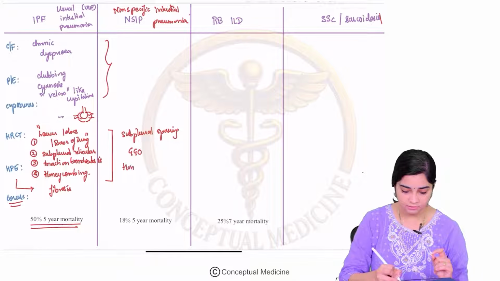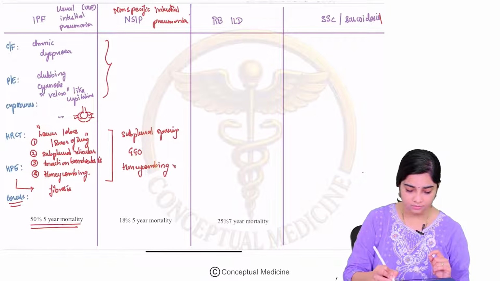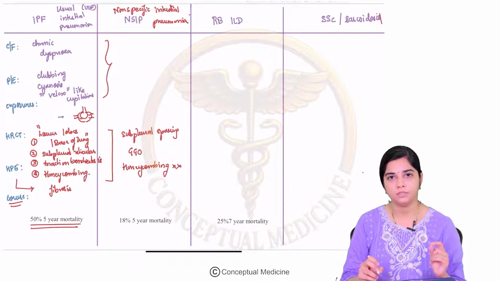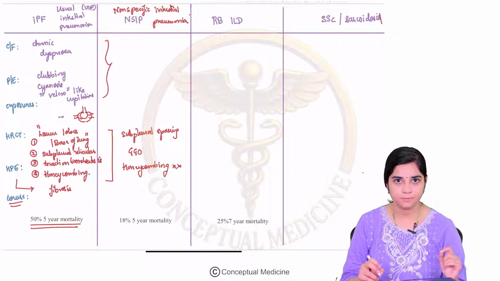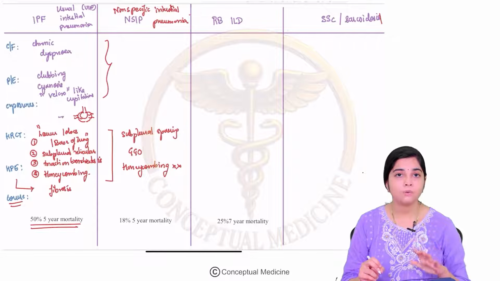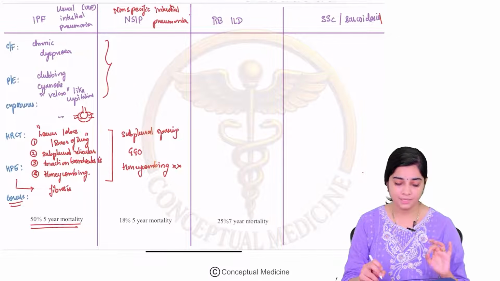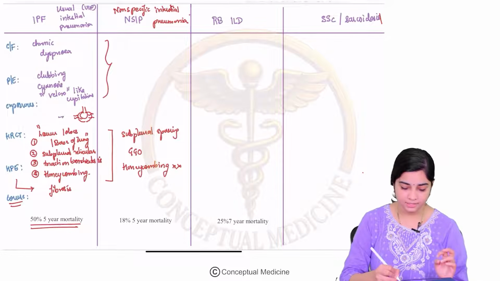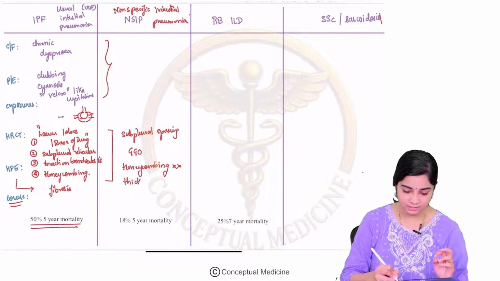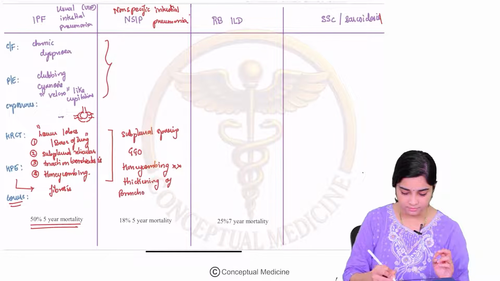Honeycombing is not found in your NSIP pattern. Okay. So remember, how is NSIP different from UIP? There are bilateral GGOs, there is no honeycombing pattern, and there is subpleural sparing, and you can find thickening of the bronchovascular bundles.